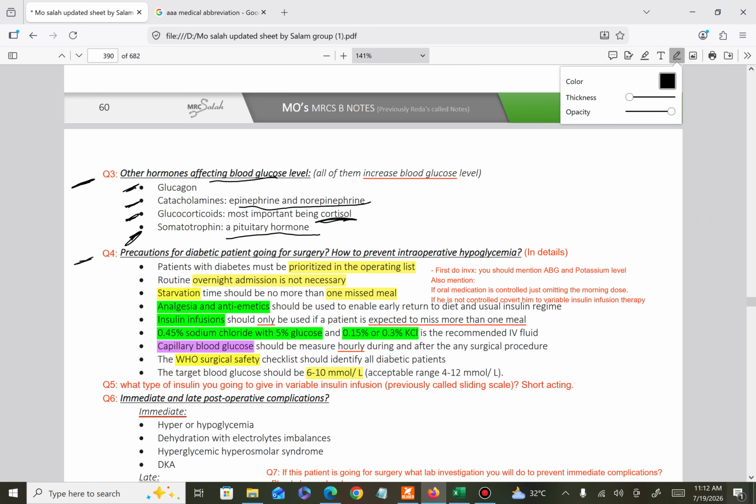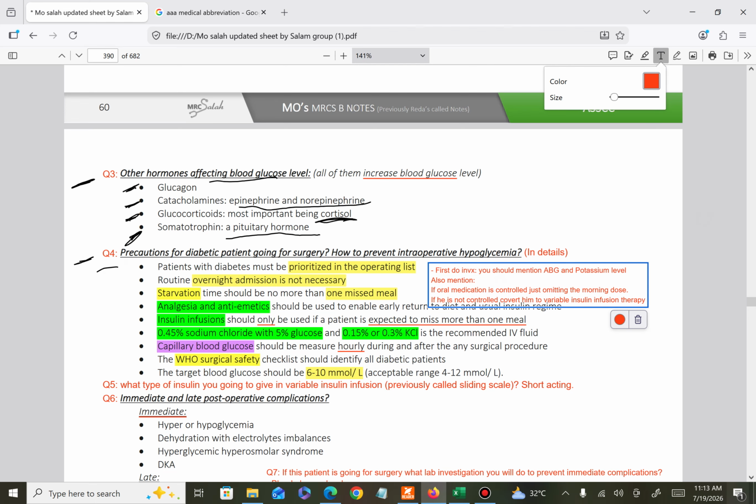Now question 4 is precautions for diabetic patient going for surgery, how to prevent intraoperative hypoglycemia. So the first precaution for diabetic patient going for surgery is this one.